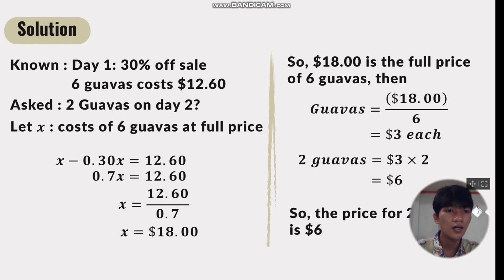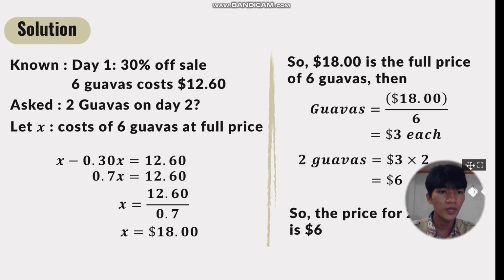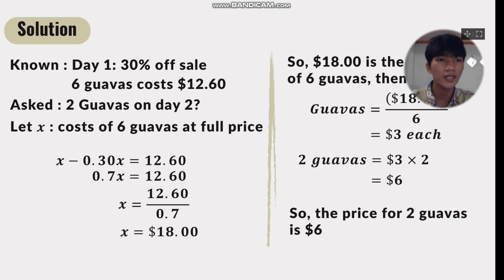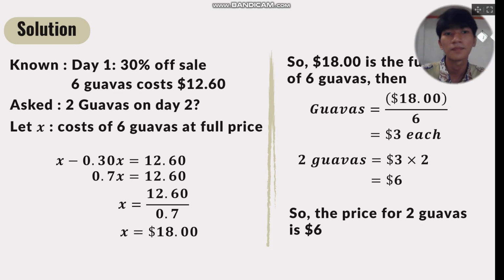So per guava is $3. And if we buy 2 guavas, it is $3 times 2, and the price of 2 guavas is $6. So the price for 2 guavas is $6.